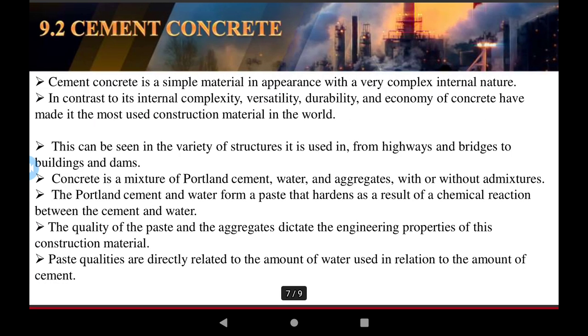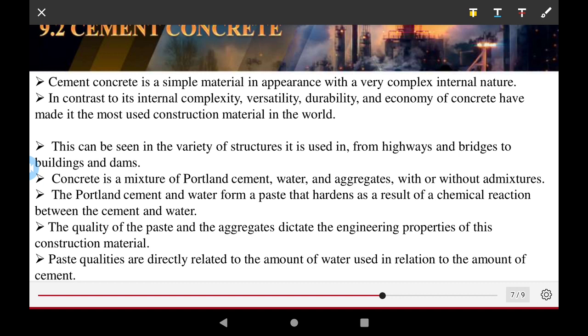Cement and concrete. Concrete is a simple material in appearance but a very complex material in nature. Its versatility, durability and economy have made it the most used construction material in the world.